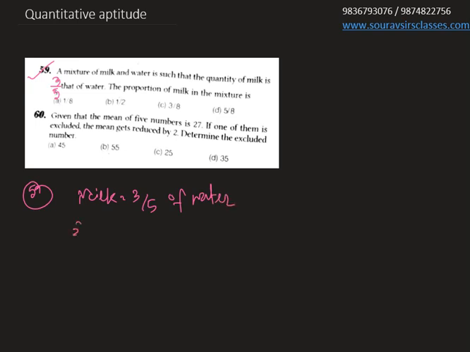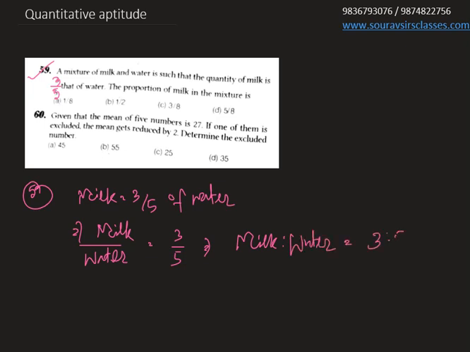Therefore, the ratio of milk and water results in 3 is to 5. Milk is to water is equal to 3 is to 5.